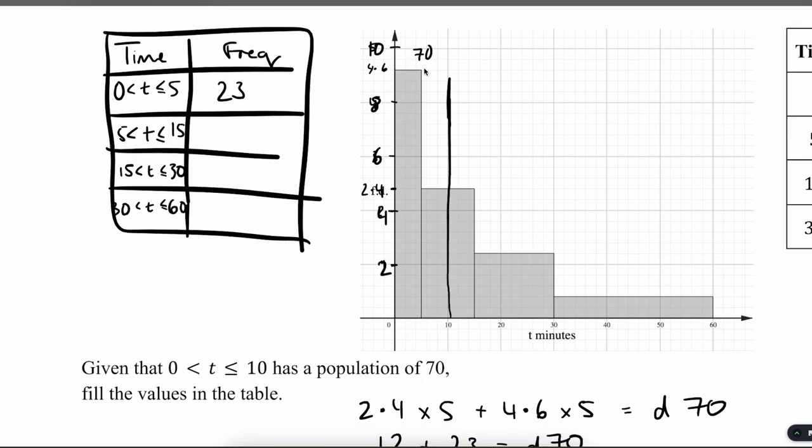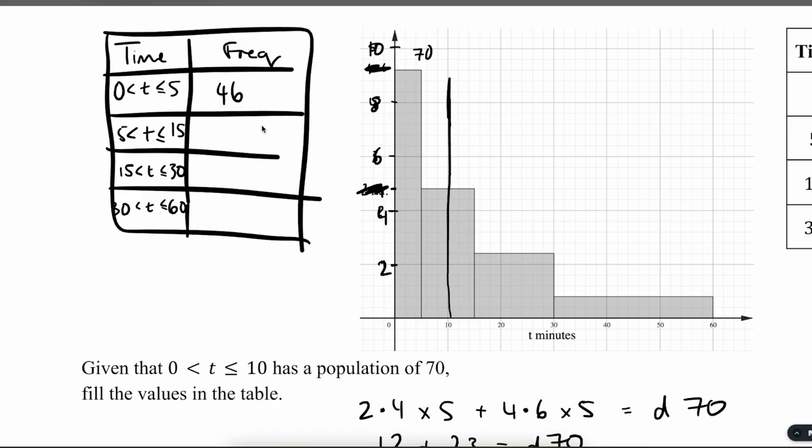And then, oh wait, actually no, not 4.6. 5 times, so I'll just cross that off. It's 5 times, so that's going to be 9.2, which is 46. And then it's going to be 5 times 4.8 this time, which is 24.